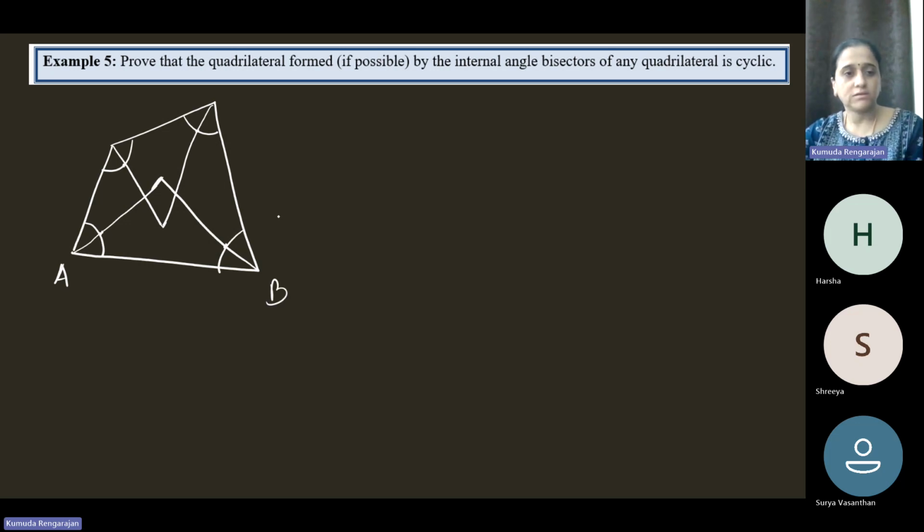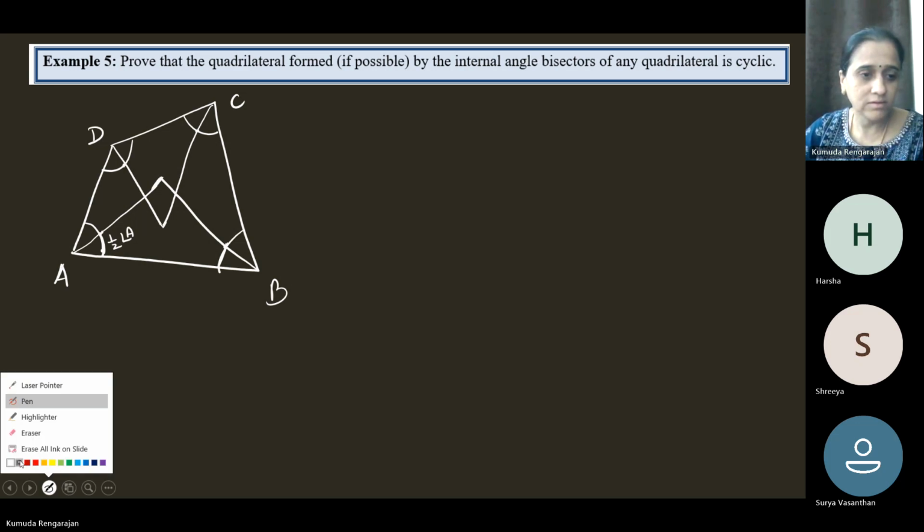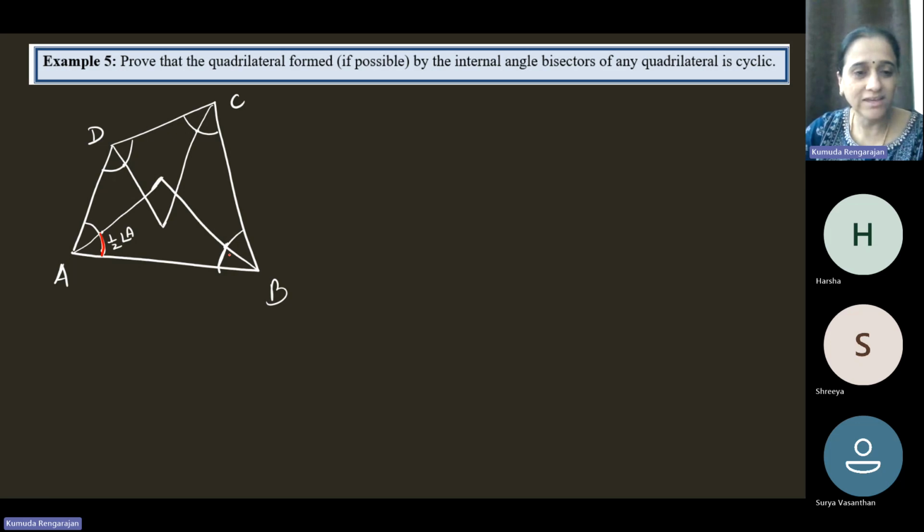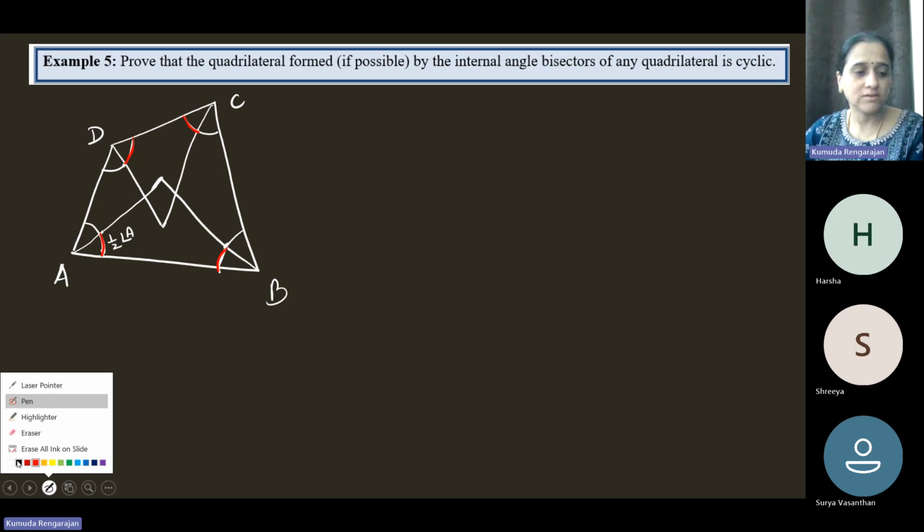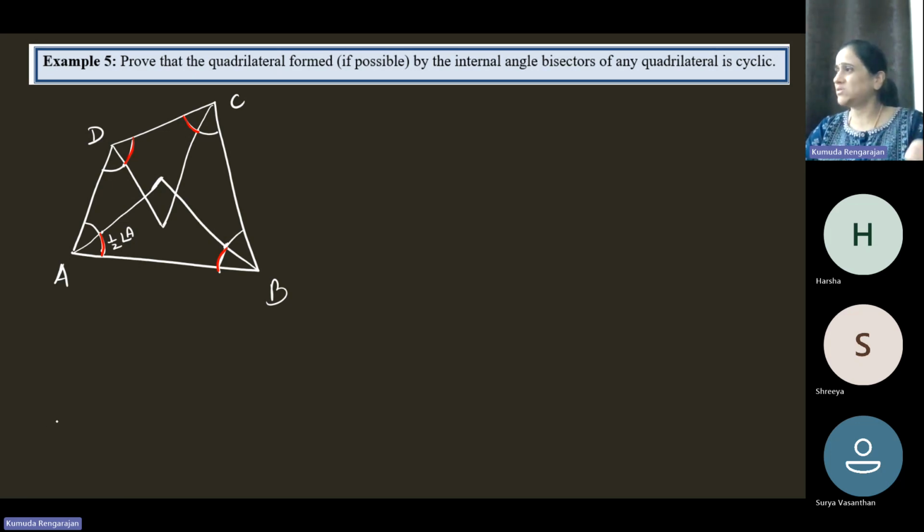A, B, C, D. So these are the bisectors, right? This one is half of angle A, this half of angle B, this half of angle C, this half of angle D, because they're the bisectors. Since we've seen it once or twice before, I'm not explaining the figure in detail.